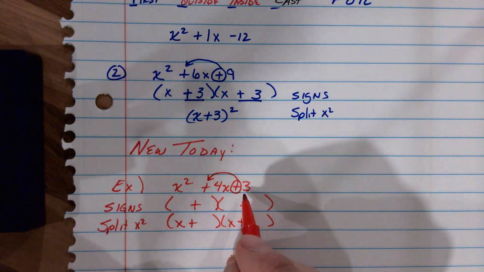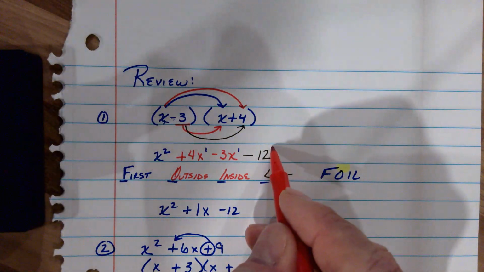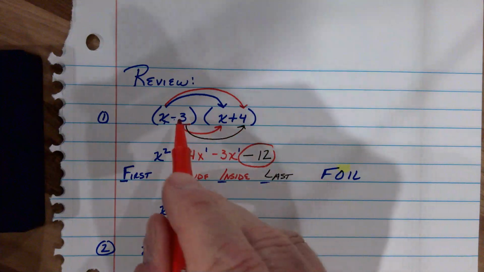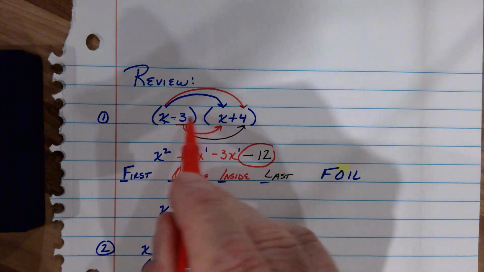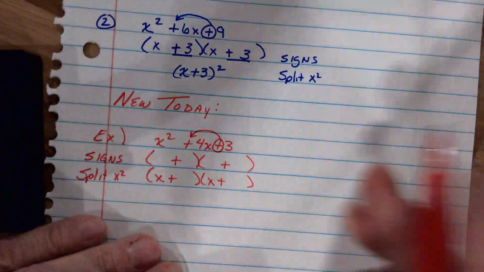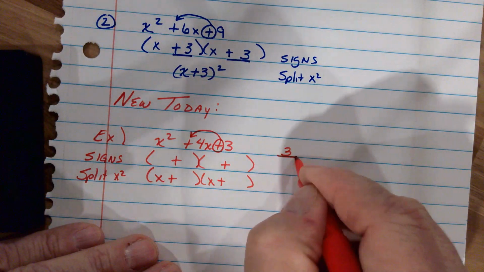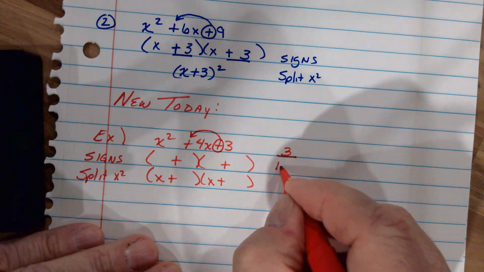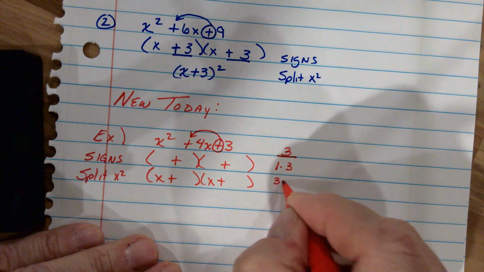And now I have to worry about this 3. Well, from the above example, I know this last number comes from multiplying these last two numbers together. Okay? So I have 3. And as I multiply 3, I know that's 1 times 3 or 3 times 1.